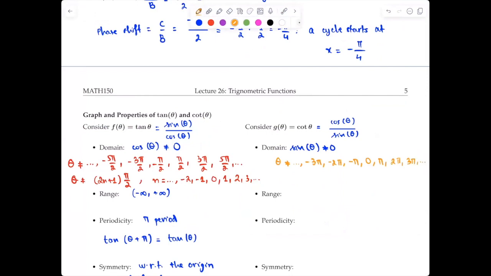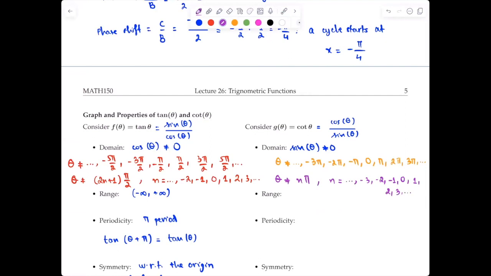Okay. So you have again to rewrite this list of numbers in a compact form. Right? So it's just the integer multiples of pi, or theta is different from n pi, where n is equal to -3, -2, -1, 0, 1, 2, 3, and so on and so forth.